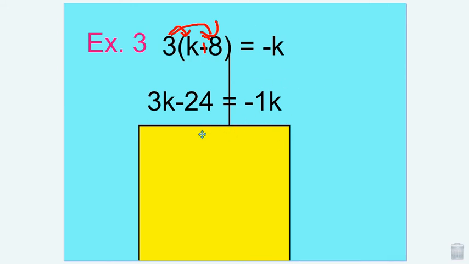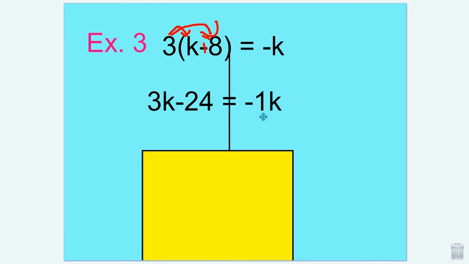Now this, I might actually choose to be a little negative here. Why? Because I already have one number here by itself. So if I can get my letters on one side, I already have my numbers on one side. So I'm going to be a little different here. I could add 1k, but I'm going to go ahead and save myself a step. I'm going to subtract 3k on both sides.